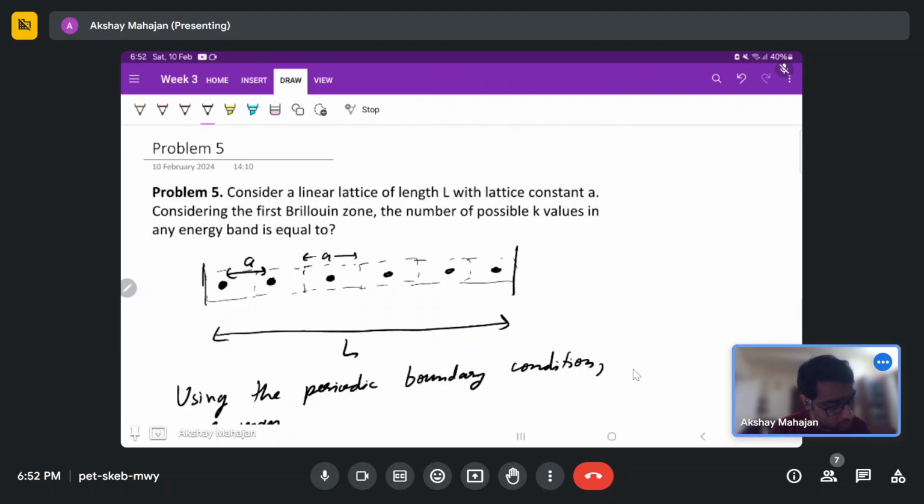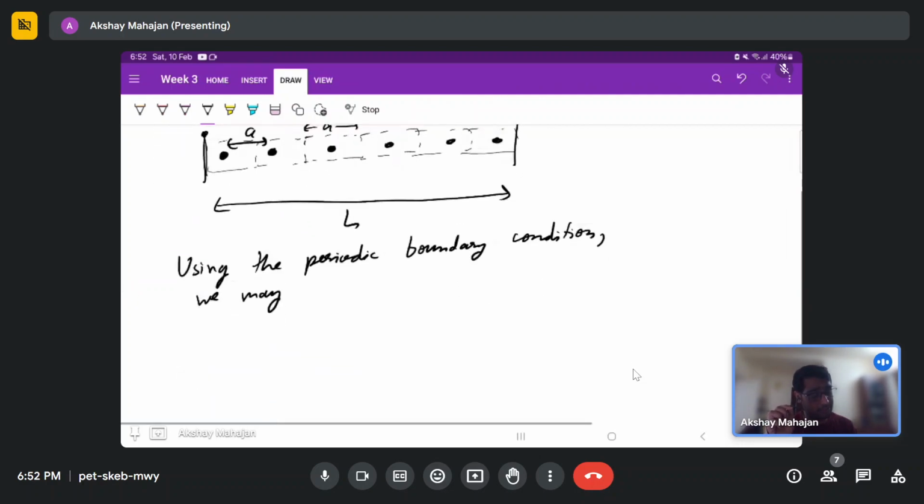It is given that it is a linear lattice, and because this is a complete lattice, we can consider periodic boundaries at both of these end positions. By the periodic boundary condition, both these end positions will have the same wave function.